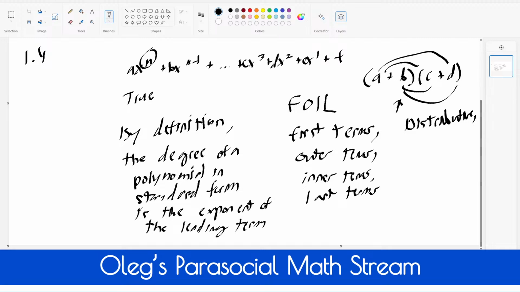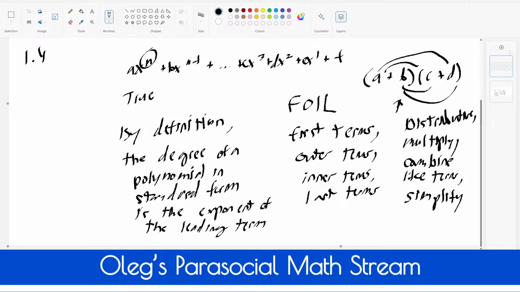Then we're going to say multiply, combine like terms, and simplify. Okay, distributive property, multiply, combine like terms, simplify.